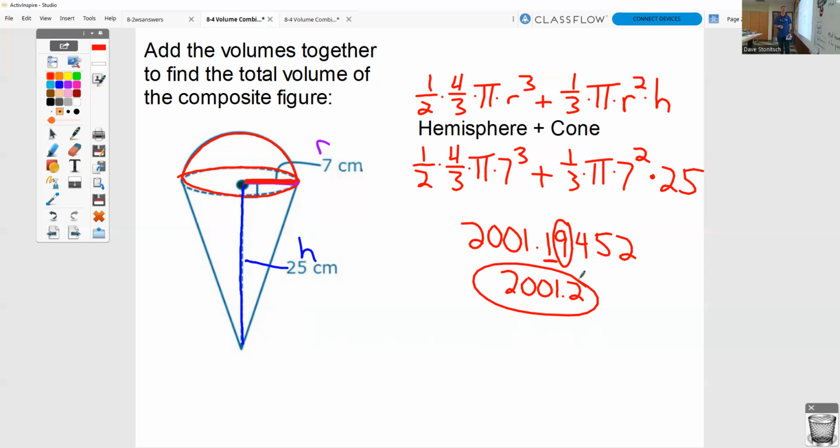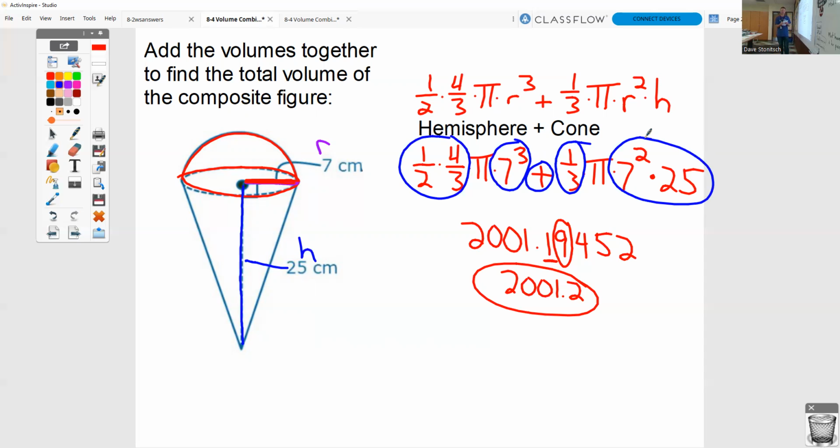2001.2. If your answer said leave it in terms of pi, we need to type in everything except for the pi symbol. So we need to type in 1/2 times 4/3 times 7 to the 3rd power plus 1/3 times 7 squared times 25.